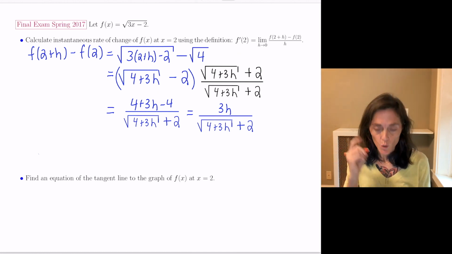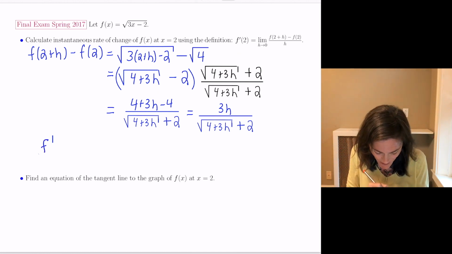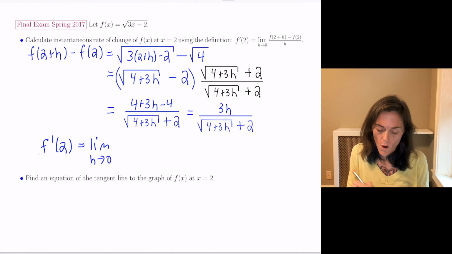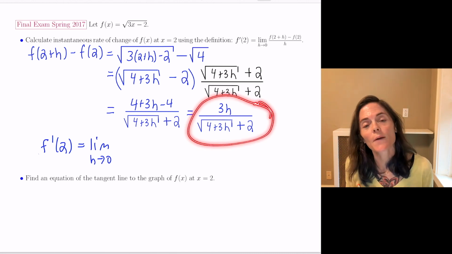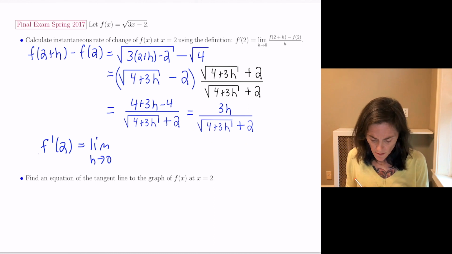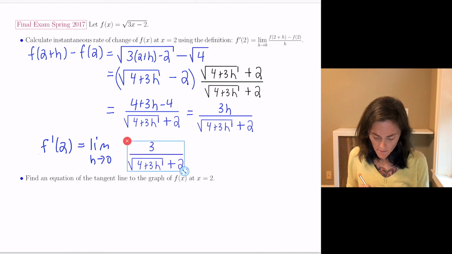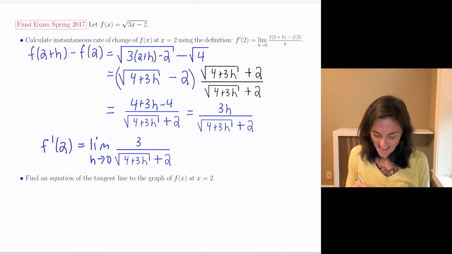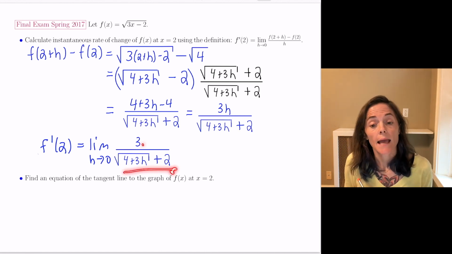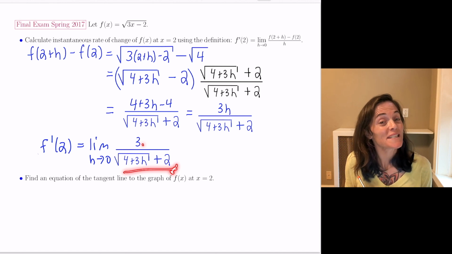Now, new line, f prime of 2. This will be a limit as h approaches 0. Okay, we take this and we divide by h. Let's see if I can just paste it. Okay, fantastic. We just have 3 over this denominator, and this is where we want to be.